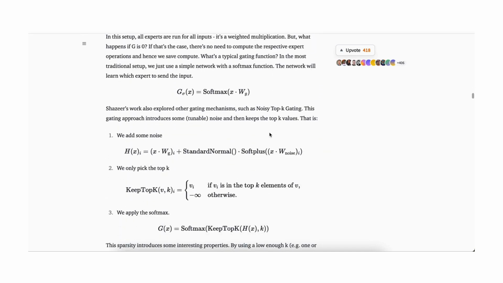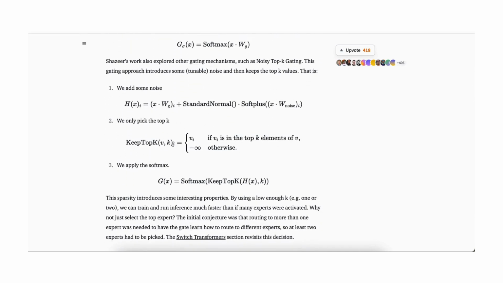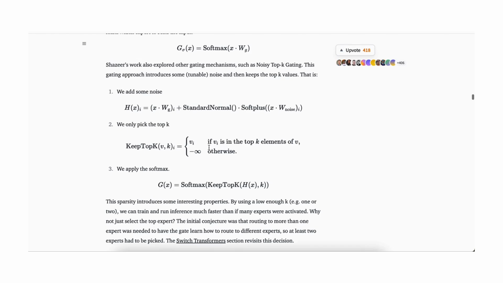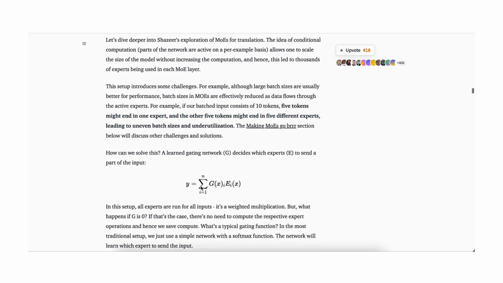The second idea is to keep the top k and not just the top 1, which means that for the top k values of the softmax, we keep the scores and we make the others minus infinity. What this allows us is that we are now doing a weighted average of the scores of the top k values instead of one value.